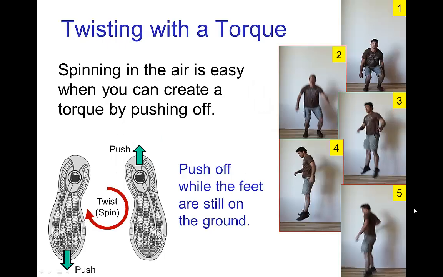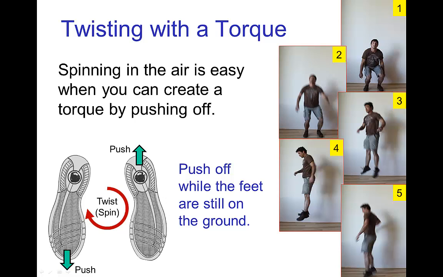Now, if we think about a character and how a character will rotate by exerting a torque, here's a simple example. So Rick is going to jump into the air and turn and land facing 90 degrees to one side. So he's creating a rotation by pushing off with his feet, not just upwards, but to the sides in order to initiate a rotation while his feet are still in contact with the ground.